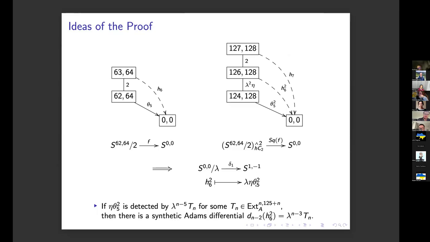So if we know lambda times eta theta 5 squared is 0, then we know H6 squared is a permanent cycle. Okay. All right. Just as classically, we know automatically eta times theta 5 squared is 0, no matter what, classically. But synthetically, we need to figure out precisely how torsion that is.